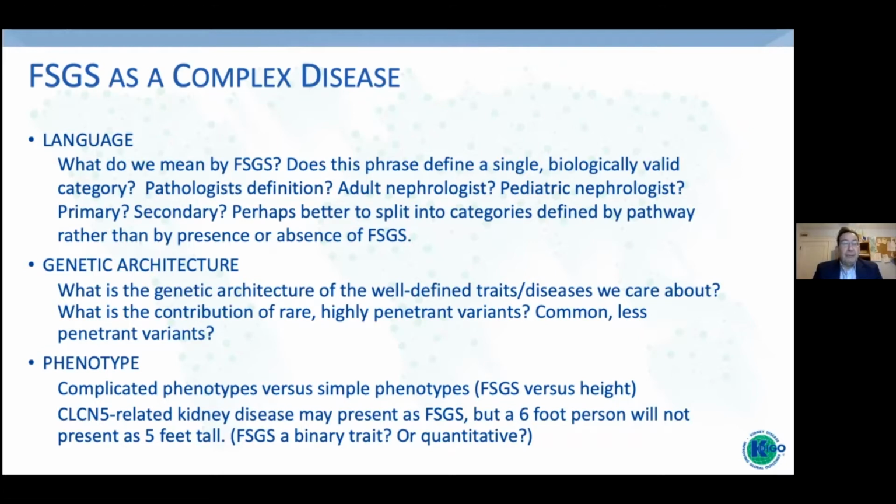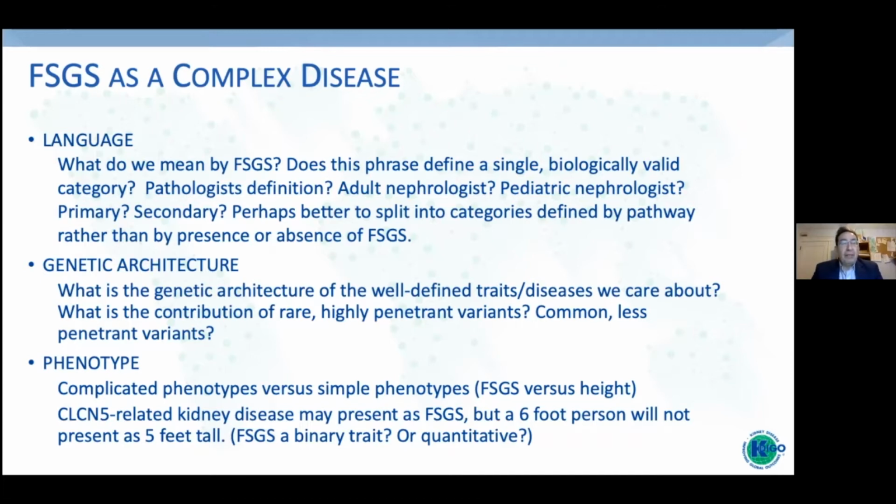Are those meaningful distinctions? And perhaps I would argue it's much better to split FSGS and recategorize things into etiologies defined by pathway, rather than simply the presence or absence of FSGS lesions on a kidney biopsy.